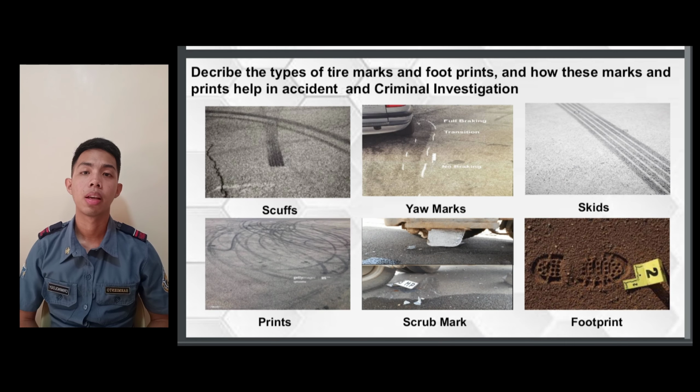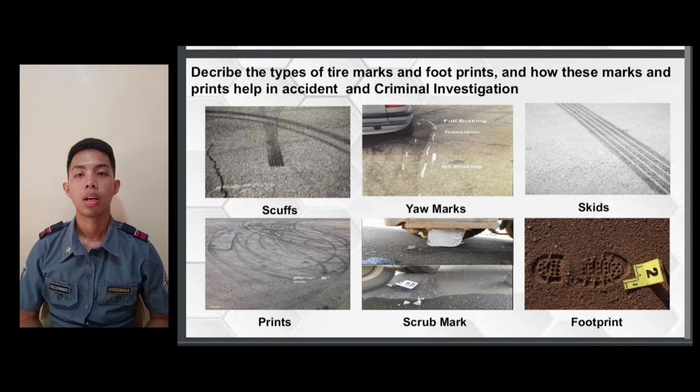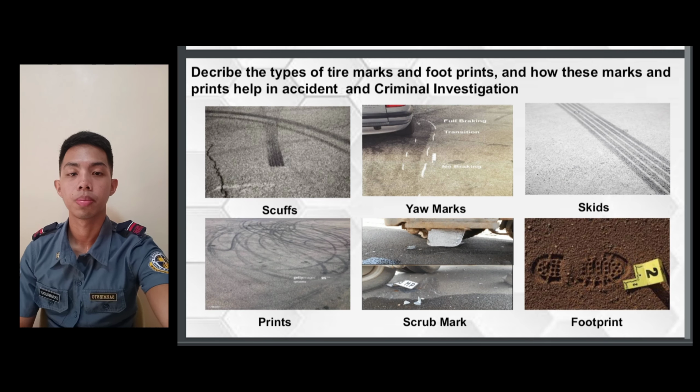Third is skids, made by a locked wheel caused by the application of the brake. And fourth, prints, made by a rolling tire. And the last type is scrub marks, left by a wheel locked due to damage.